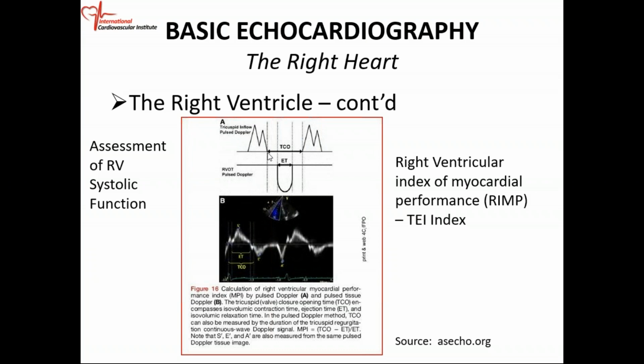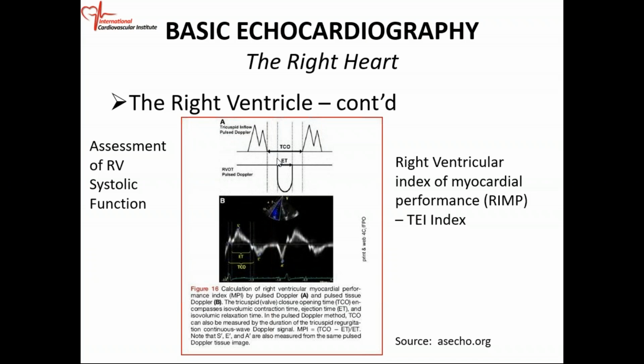When the tricuspid valve closes, that represents the end of diastole. You don't just go into systole. There's what we call IVCT, isovolumic contraction time. So all the valves are closed.